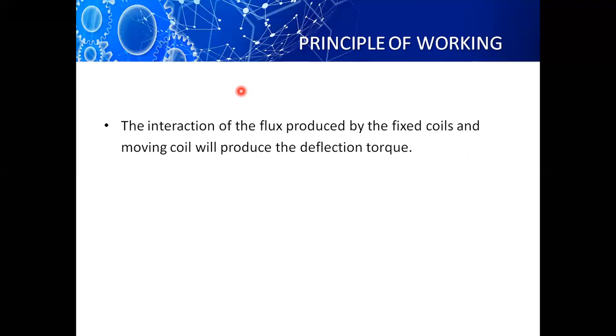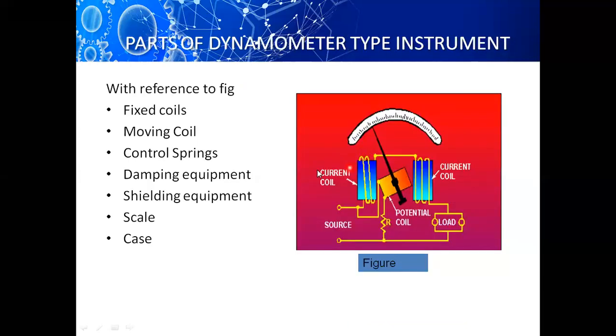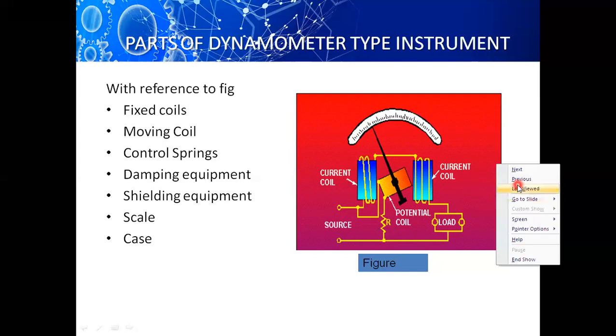And later on you will understand why it is called a current coil and why a potential coil. So in the figure that we have seen earlier, we have seen that here it is called a current coil. Let us call it a fixed coil instead of current coil, and let us call this one a moving coil instead of potential coil. We will see later on why it is specifically called a current coil and why potential coil.